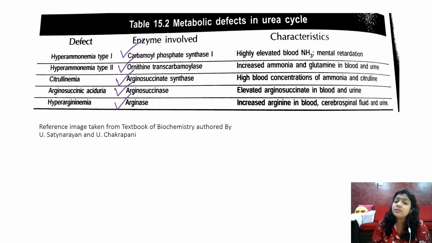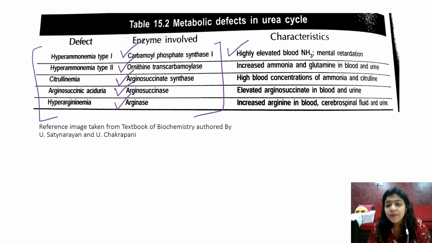The dysregulation of these enzymes, or we can say the less amount of these enzymes, may cause various defects in the body. For example, hyperammonemia type 1, which is characterized by highly elevated blood ammonia and mental retardation. Then second, hyperammonemia type 2, which is again the increased amount of ammonia and glutamine in blood as well as in urine.